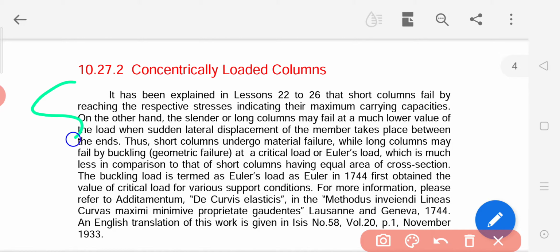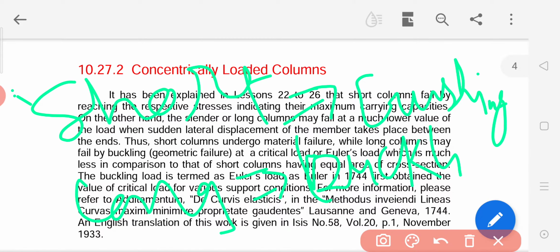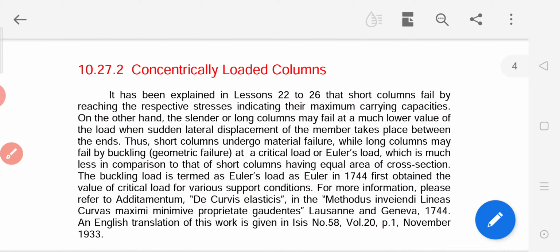Here, short column fails in crushing and long column fails in buckling. These are the failures.